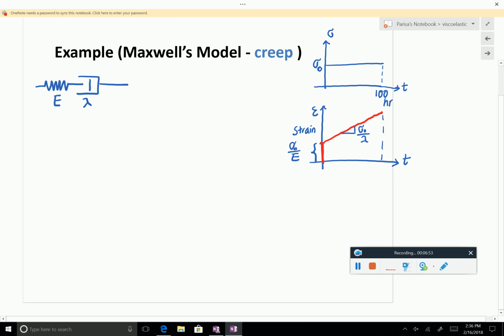So the strain is a combination of elastic strain plus viscous strain, E for elastic and V for viscous.